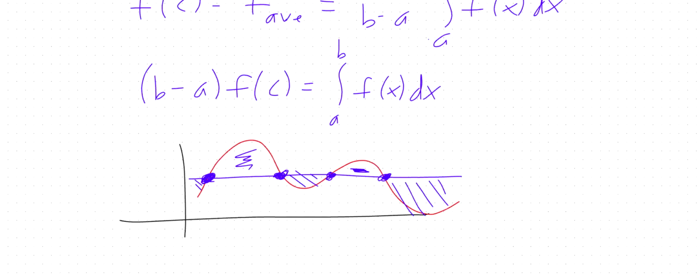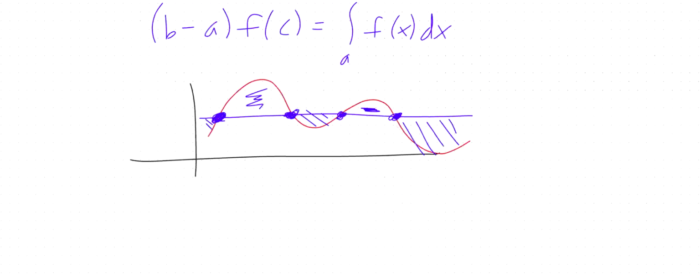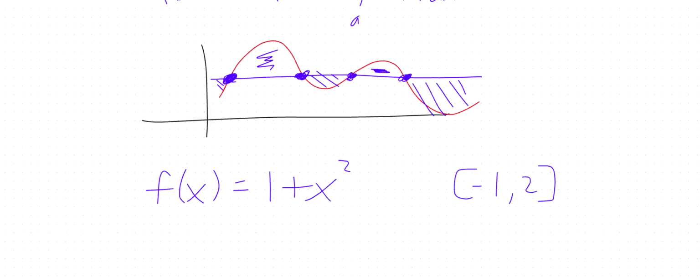So let's go ahead and take our example and let's apply the mean value theorem. So our function is 1 plus x squared. We're on the interval of -1 up to 2. Let's find that c value that this is going to work for.